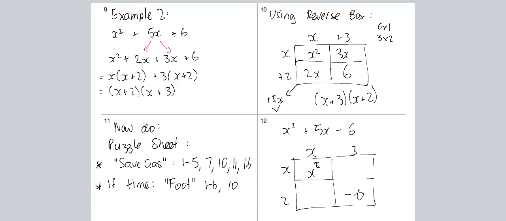But I then need to make sure that one of them is negative, because a positive times a positive is equal to a positive, and a negative times a negative is a positive. So I know that one of them has to be negative.